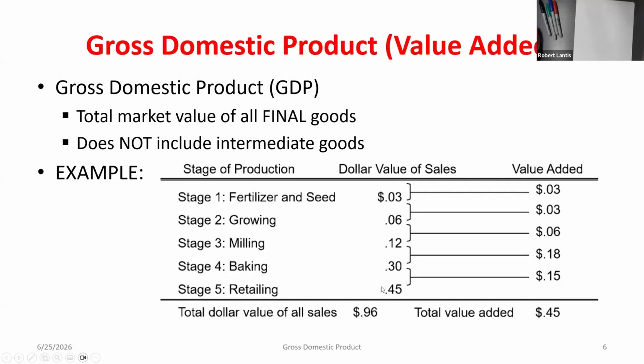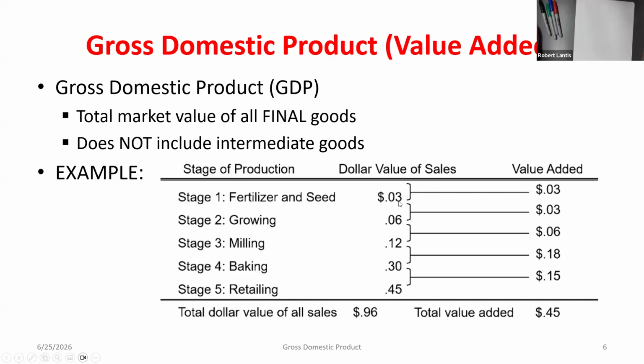So if we were to look at the value of each intermediate good and add them all up to the final good itself, we would think that we should have almost $1 added to our GDP, but it should only be the value of the final product because each one of these prices that were paid gets passed on to the next person in that intermediate production process. So if we think about this, the final good is only being sold for 45 cents. That's the total value that should get added to GDP. You can think of the reason why.